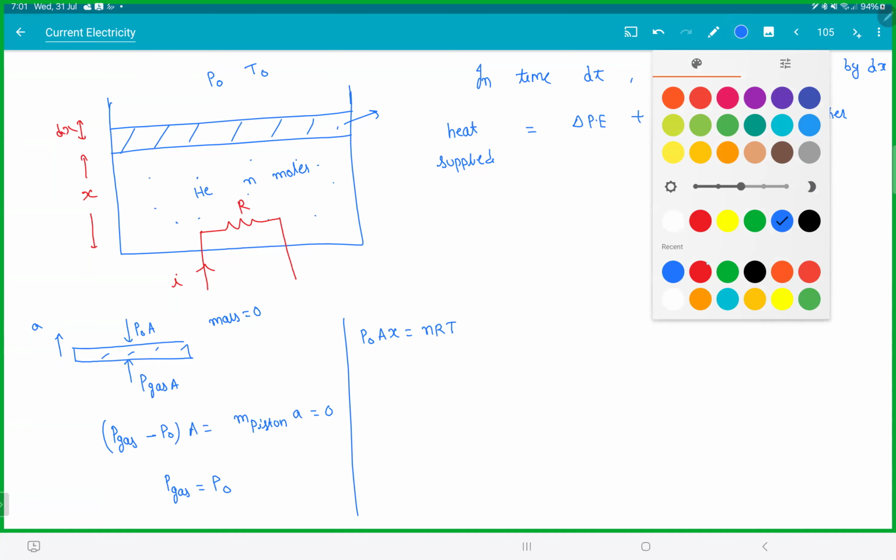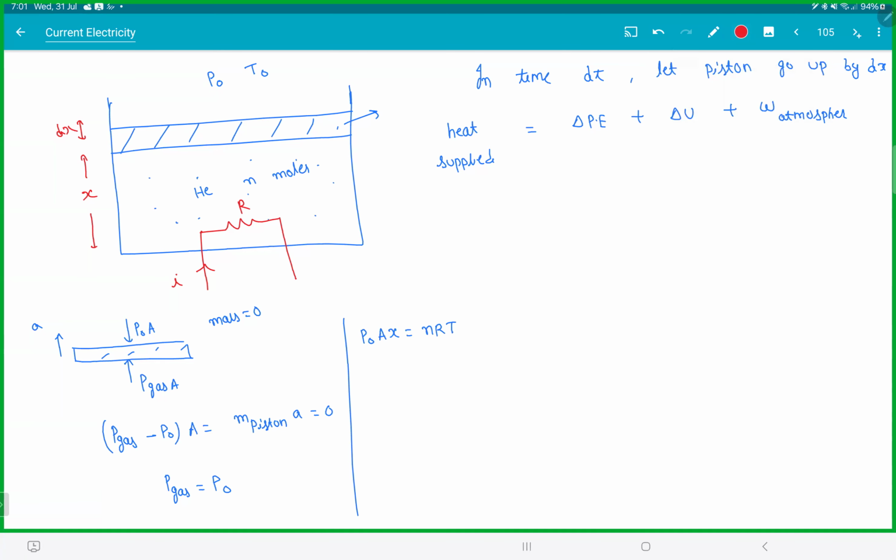Now look at it in time dt. What are all the things that are changing? Change in potential energy of piston, but luckily here M is 0, so that term will be 0. Change in internal energy of the gas, work done on atmosphere, plus heat escaping through conduction. If there's a radiation, then you'll see heat escaping due to that also, but it'll be the same thing.